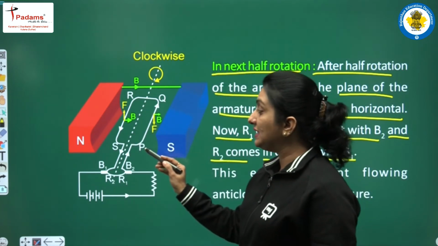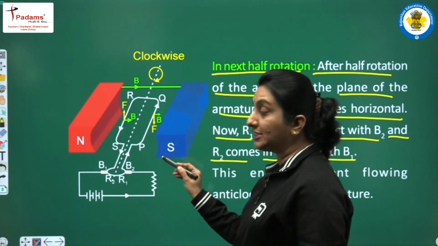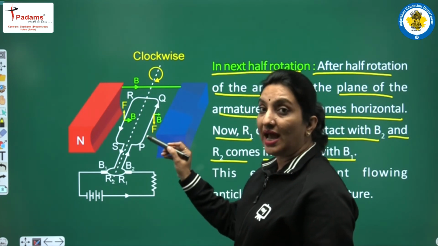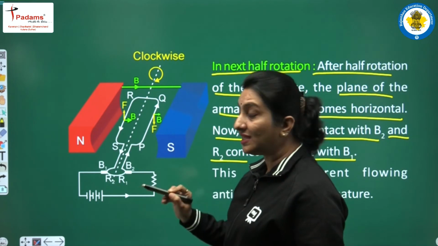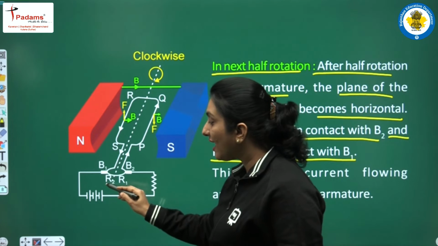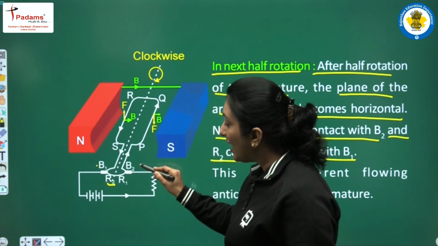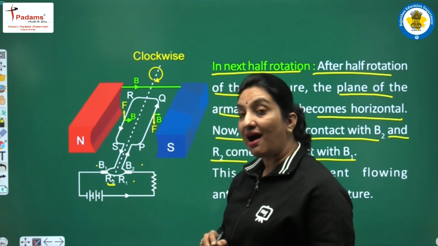Now here you have seen that this PQ arm has rotated and it has come on this side, and the RS arm has rotated and it has come on this side. So what we see is that now the brush B1 is in contact with R2, and B2 is in contact with R1.